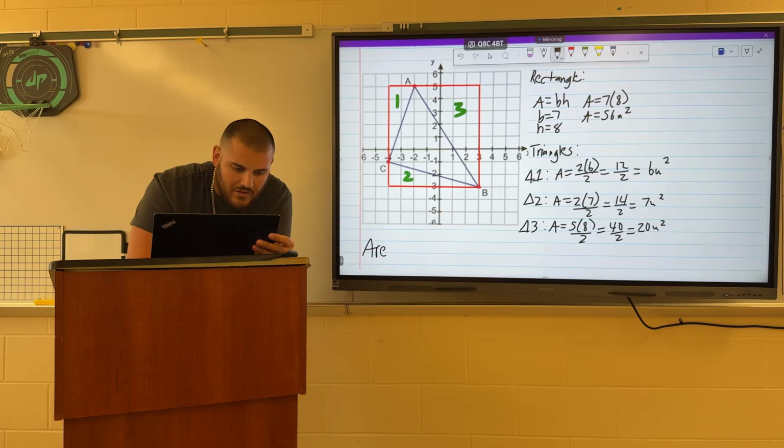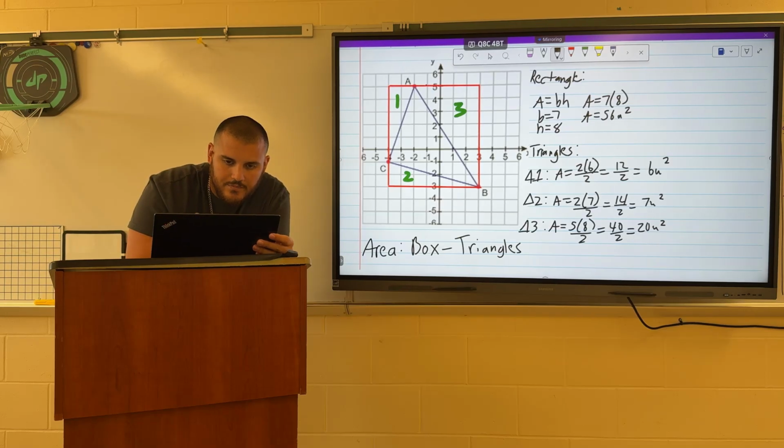Right? So my final area thing that I'm doing is I'm doing the box or the rectangle minus the triangles.